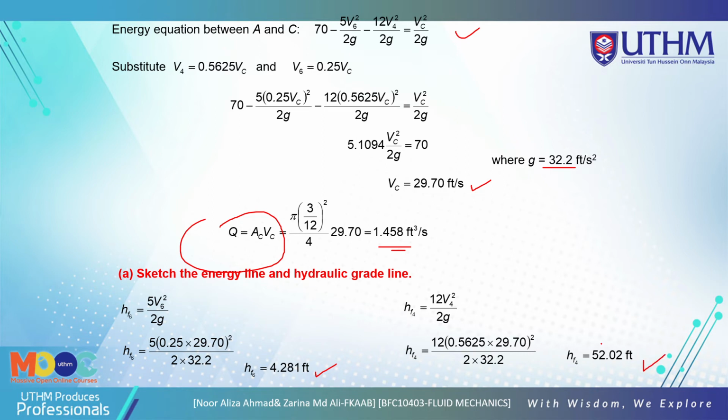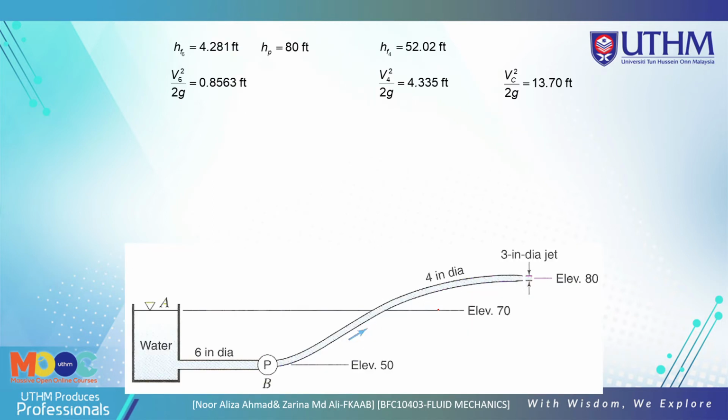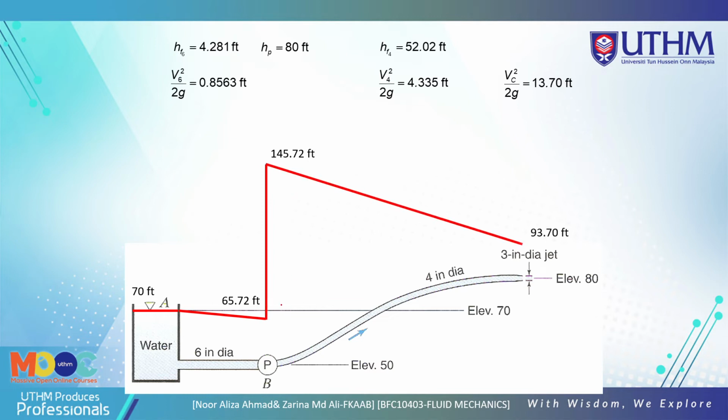So based on the HF, you sketch, then you sketch kat sini. Ni atas, lepas tu sketch energy line. So HGL, energy grade line.